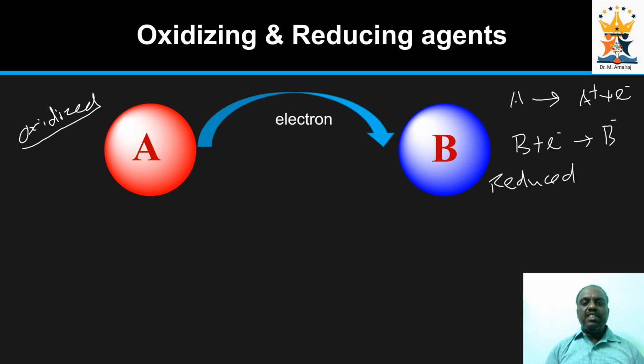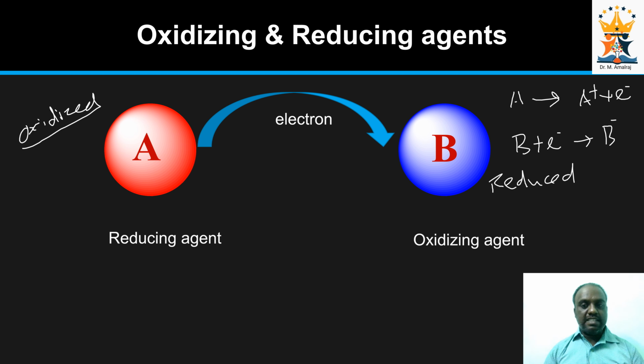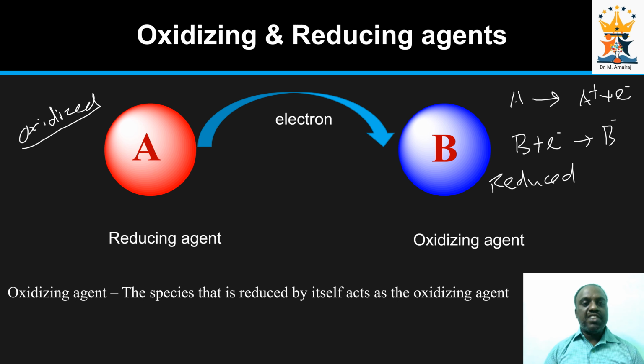According to the definition, the species that is getting oxidized is said to be the reducing agent. So here A is getting oxidized, so that acts as the reducing agent for this reaction. On the other hand, B is getting reduced, and hence it is said to be the oxidizing agent.